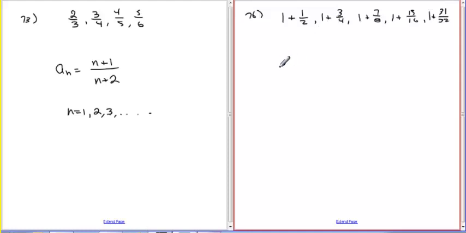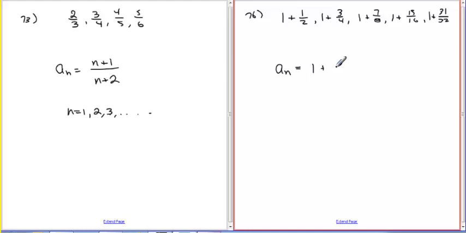Okay, so obviously we're going to have 1 plus, and in the numerator we have 1, 3, 7, 15. So what I see there is 2 minus 1, 4 minus 1, 8 minus 1, 16 minus 1, 32 minus 1.